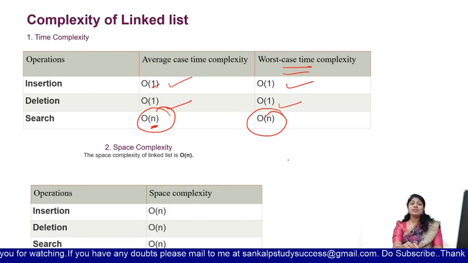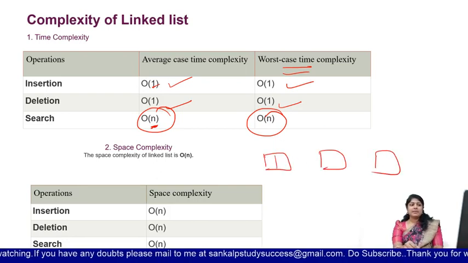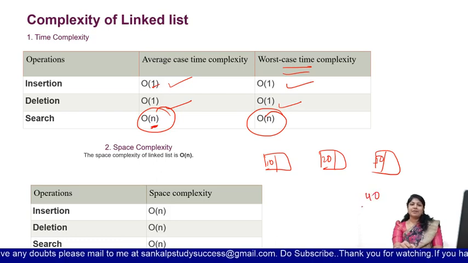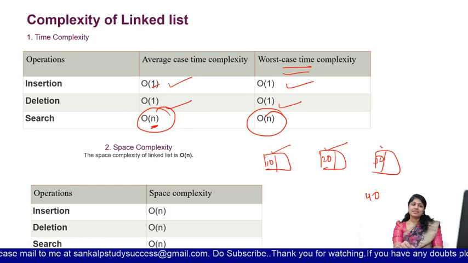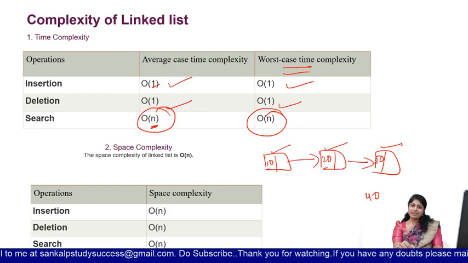O of n I told you before. Just for example, I have 10, 20, 30, right? I want to search 40. We don't know that 40 is not in the list. So we have to search first node, second node, third node. We have to search all the nodes available in the linked list.